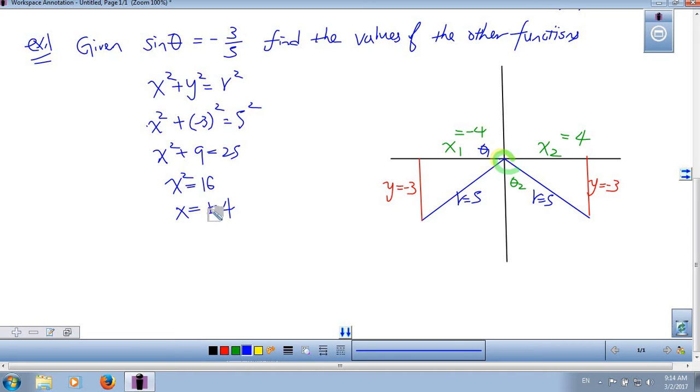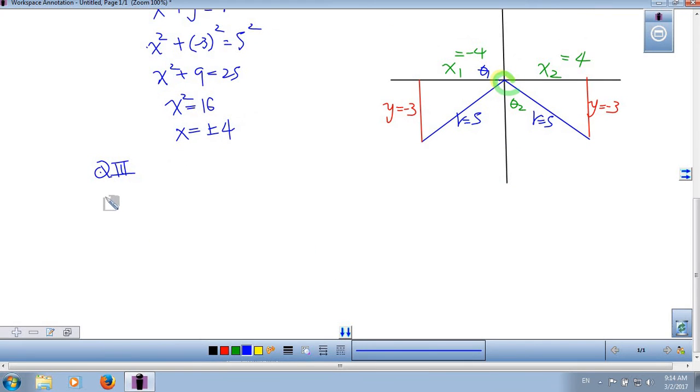That means we can solve for both angles, whether they're in quadrant 2 or quadrant 3, it doesn't really matter. So let's do it in Q3. The sine of theta will be -3/5.